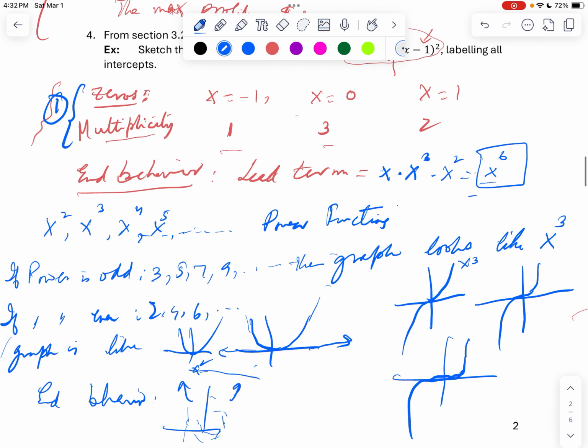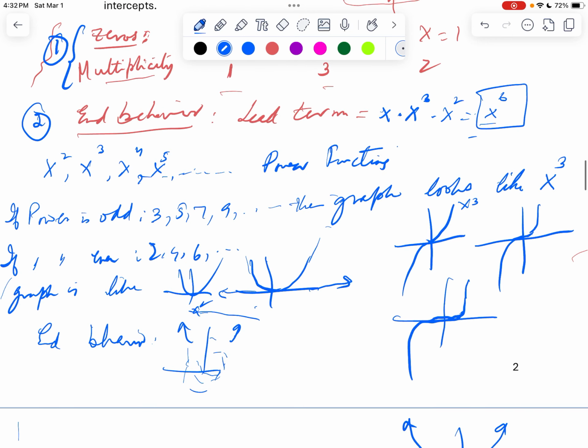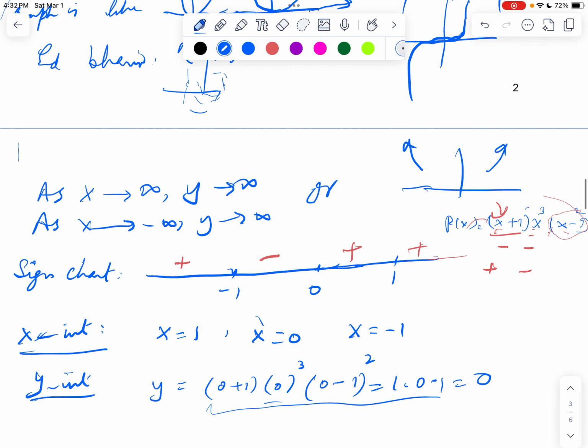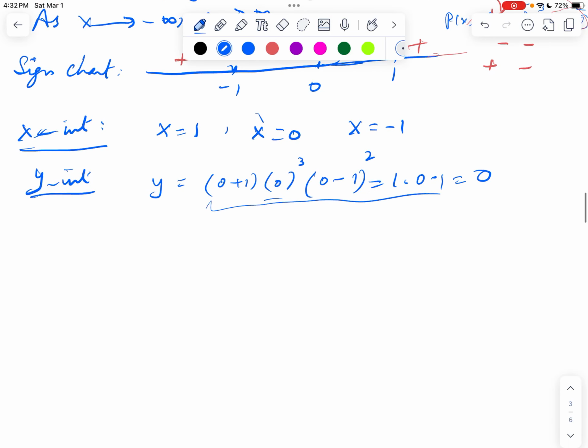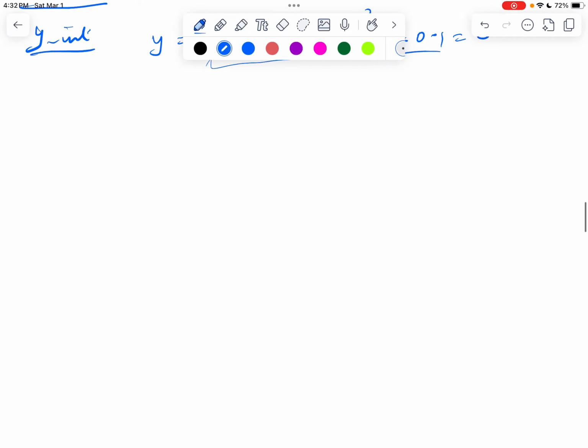Second is the end behavior. Third is the sign chart. Fourth is the intercepts. And now try to graph the function.